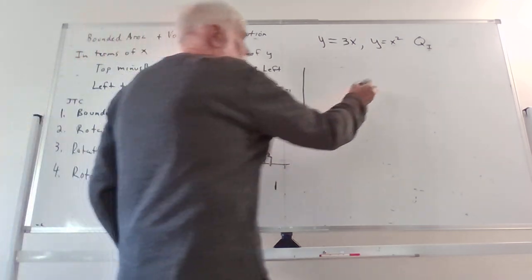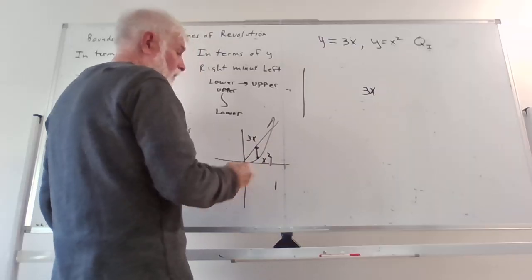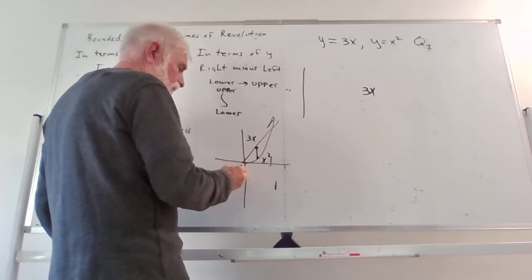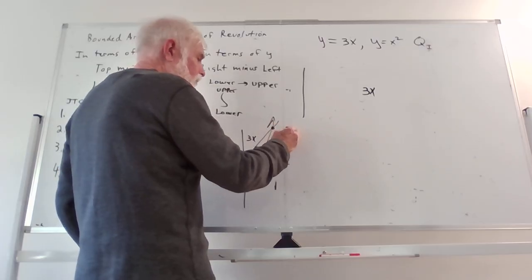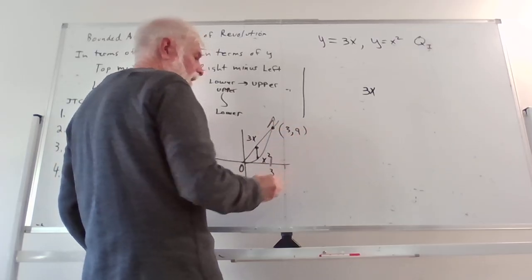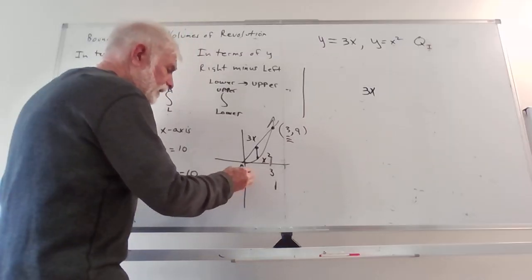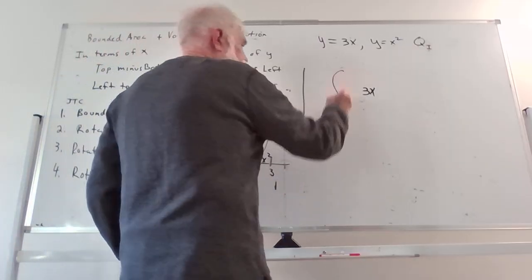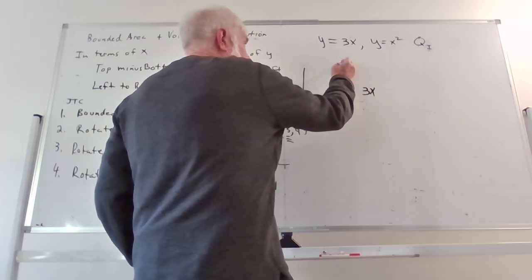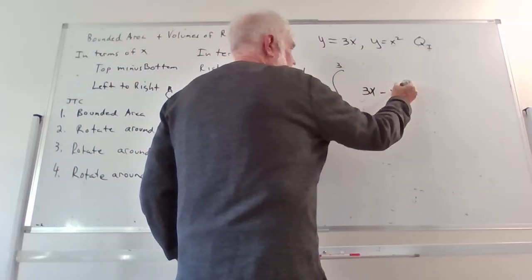That altitude comes from, give me an x value in the interval of where the area can be drawn, which is from 0 to 3. This is the coordinate 3, 9, but we're looking left to right. That's the right-hand border. They intersect at 0, 0. That's the left-hand border. So left to right would be 0 to 3. Top minus bottom is 3x minus x squared.